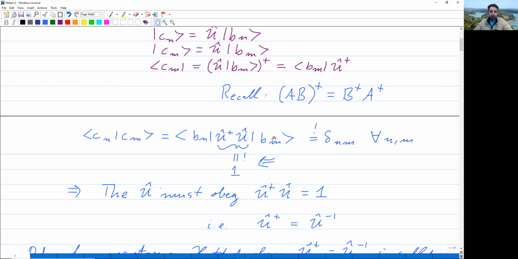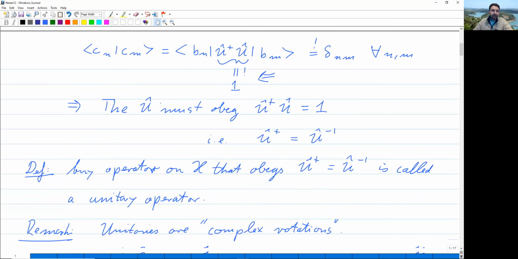Only the identity operator, because this is literally the identity matrix, right? It is 1 for n equal m and 0 otherwise. So what we have here is that this is the identity operator because the whole thing is the identity matrix. All right, so we have that U dagger U has to be the identity matrix in order for the Cn to be orthonormal if the Bn start out orthonormal.